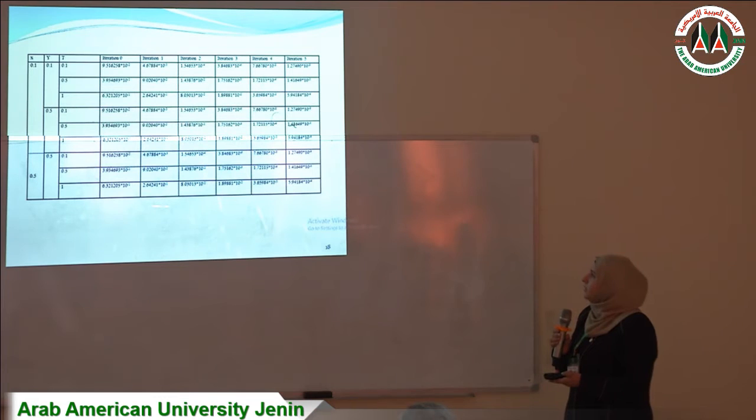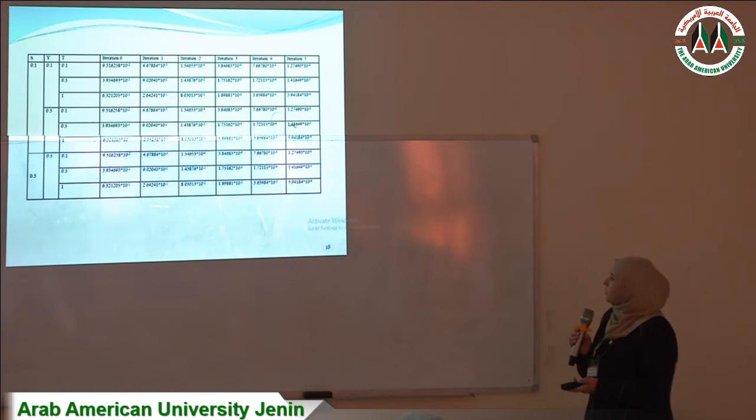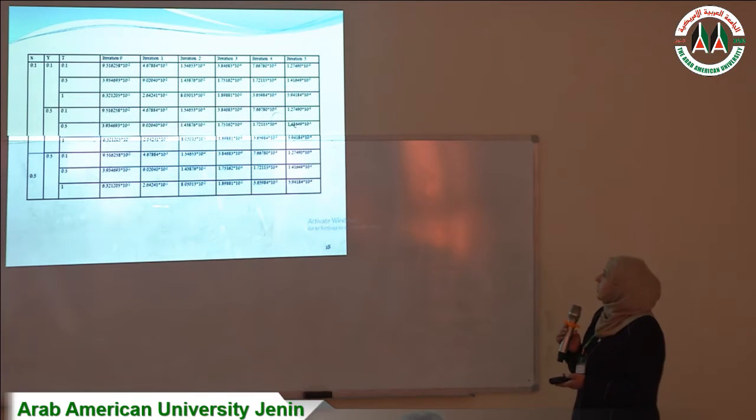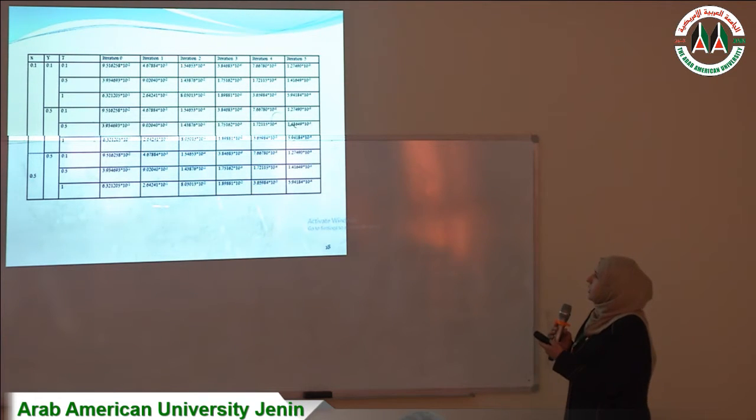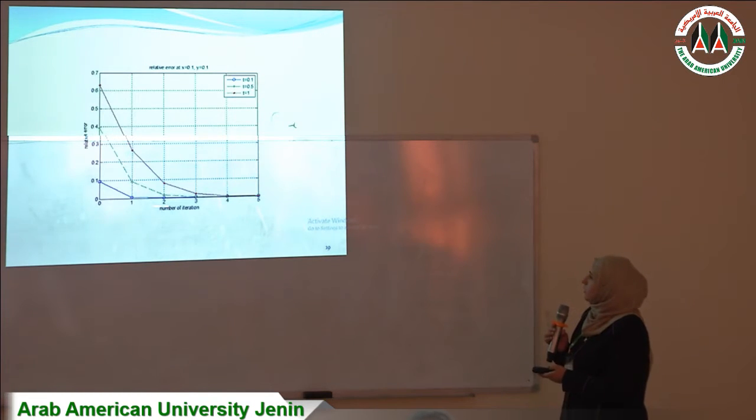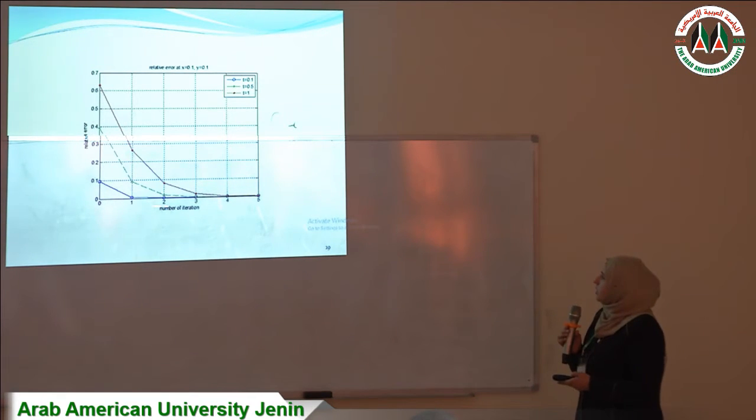Also, we find the relative error. If we look at this table, we can see that when the iteration increases, the relative error becomes smaller and smaller. Also, we sketch it. As we said, when the number of iterations increases, the relative error decreases.